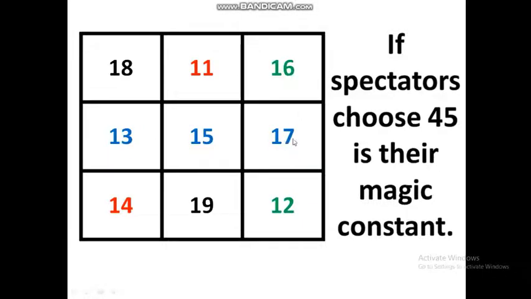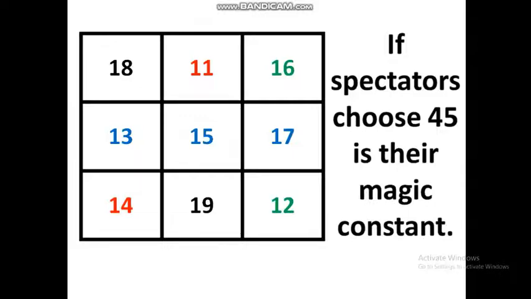Similarly, the sum of these three numbers gives 45, and the sum of these three numbers also gives 45. In the same way, all three columns as well as both diagonals, that is 18, 15, 12 and 14, 15, 16, all give the same number, 45.